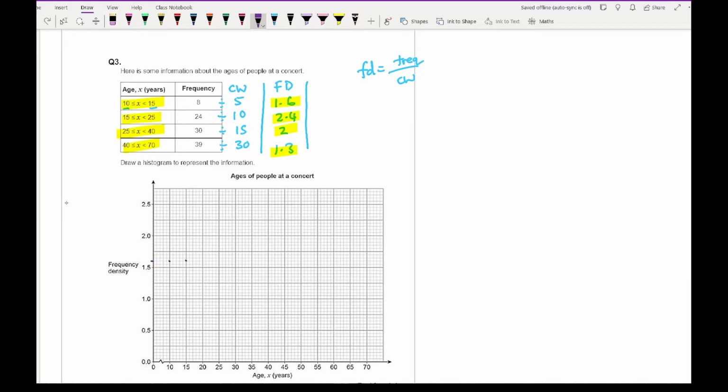So quite a thin box there. And again, should be using a ruler. And then the next one is from 15 to 25, and that's at 2.4. So 2.4 is just 2 less from the top there.